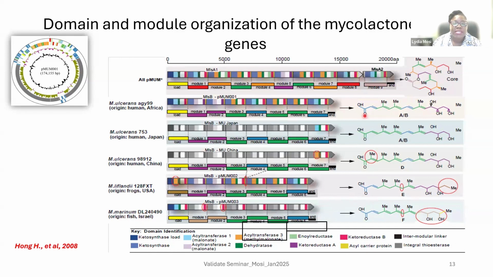However, the variations exist in the side chains of the molecule. These variations are typically either a shortening of the side chain or differences in the accessory groups found on the side chain. Now, these variations go hand in hand with the level of virulence of the different congeners of mycolactone, with M. ulcerans having the most virulent variant of mycolactone.